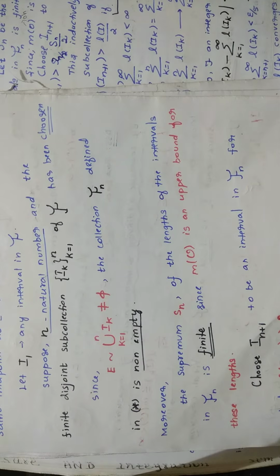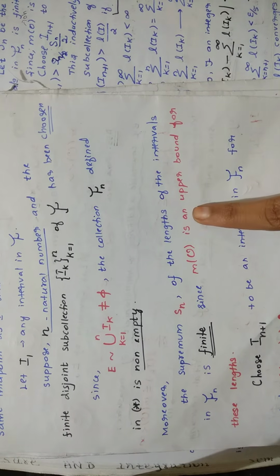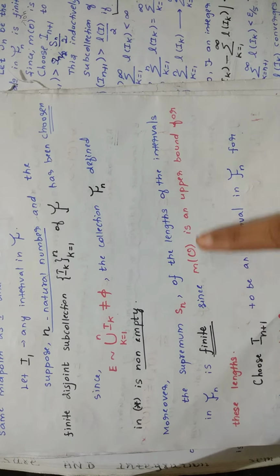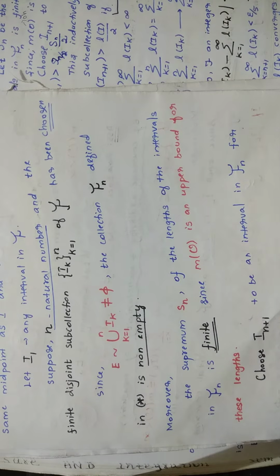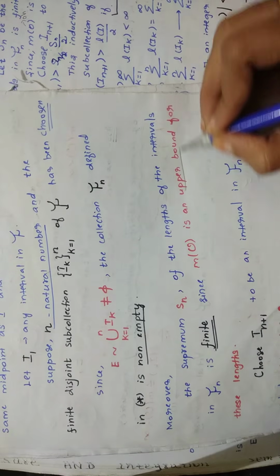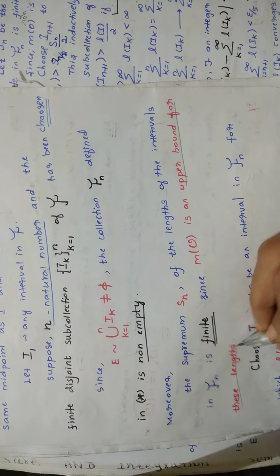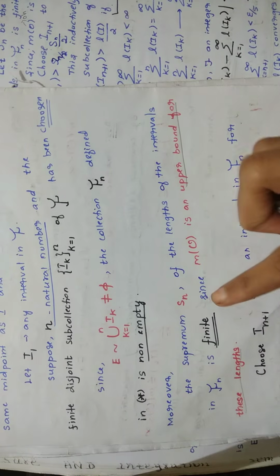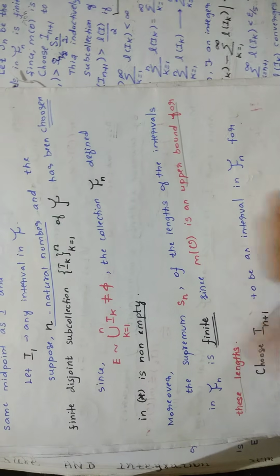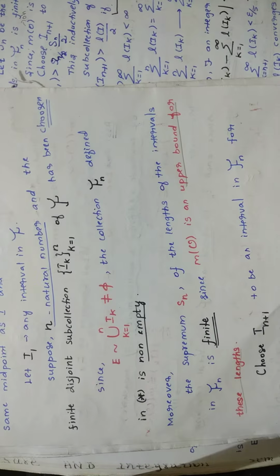The supremum of the length of the intervals is what? Finite. Why is it finite? That is what you are having here. Since measure of O is an upper bound for these lengths. Okay. Measure of O is what? The upper bound of these lengths. That is why Sn is finite. That is what you are writing here.